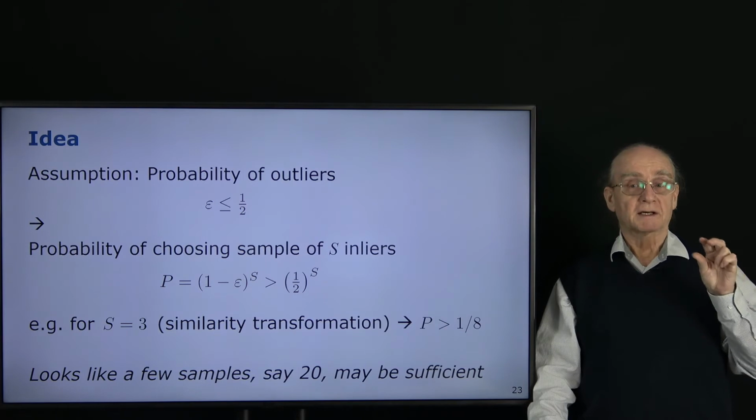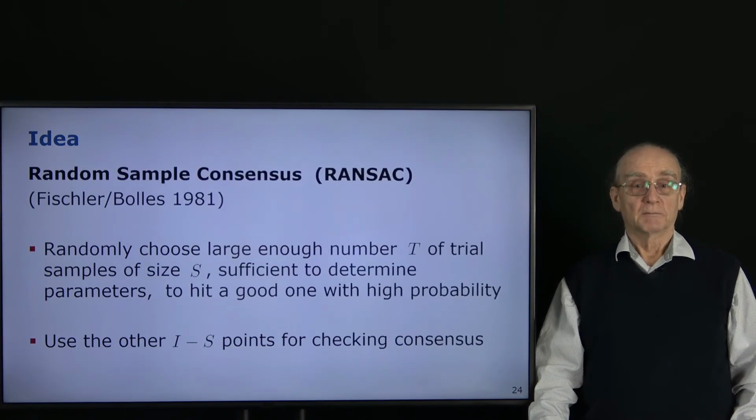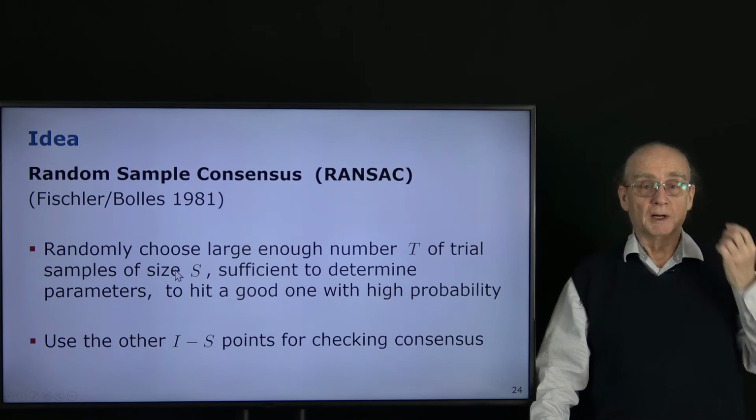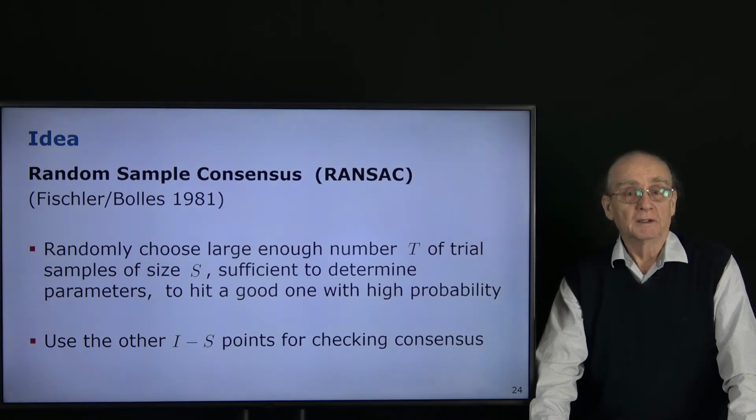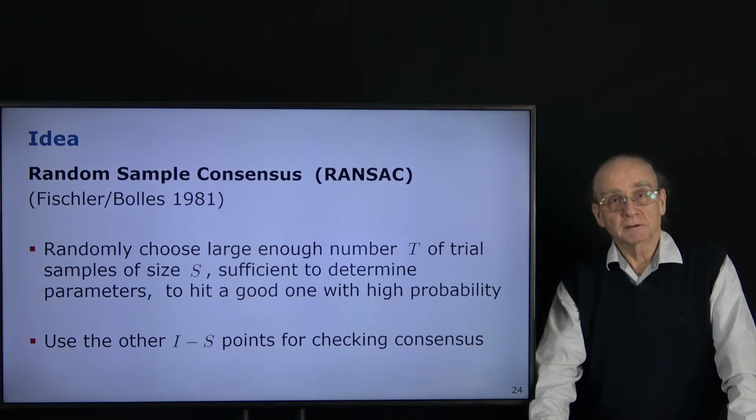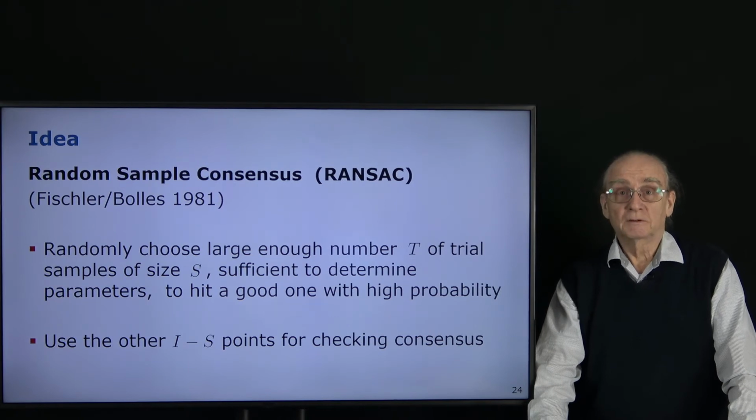And this is exactly the idea which has been proposed by Fischler and Bolles in '81, and they called their method random sample consensus. Why? Because they chose a triplet, or generally a minimal sample, and do this only a limited, small number of times, and then use the result and look whether the others are in consensus with the transformation which you get from the minimum sample.